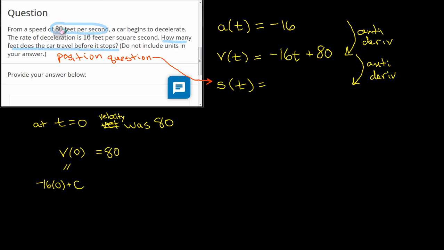So in this problem, the velocity at time 0 was 80, and that's why this had to turn out to be an 80. And we'll see that again here with the position. So let's do an antiderivative of this again to get position. So I'm going to get negative 8 times t.